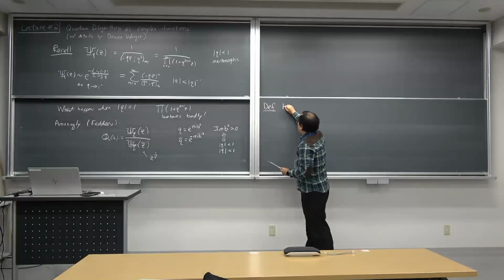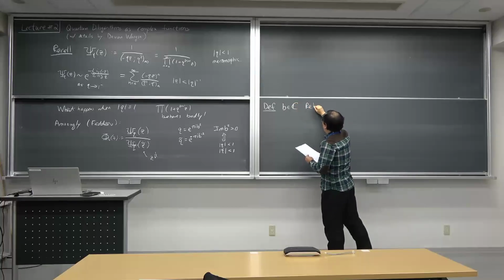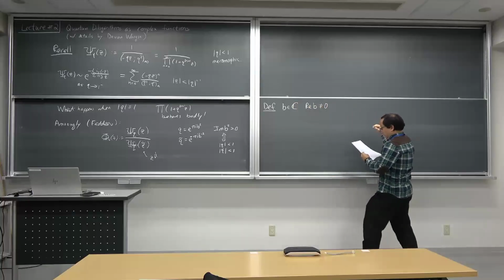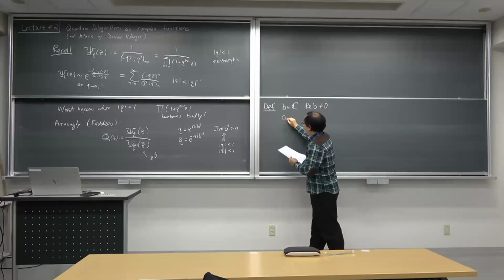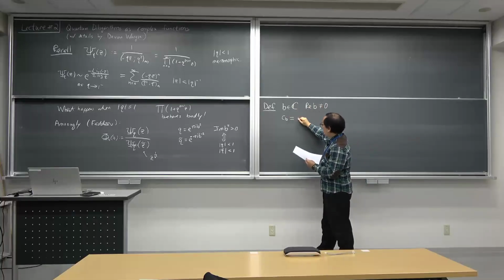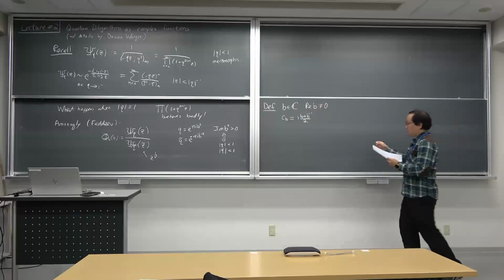So the setup: we start with a complex b, and we assume the real part of b is not 0. And this is some constant that appears again and again in this talk, so I'll give it a short name, c sub b.